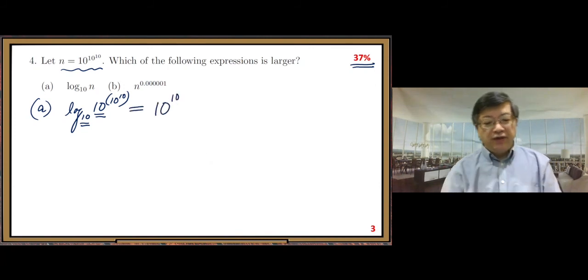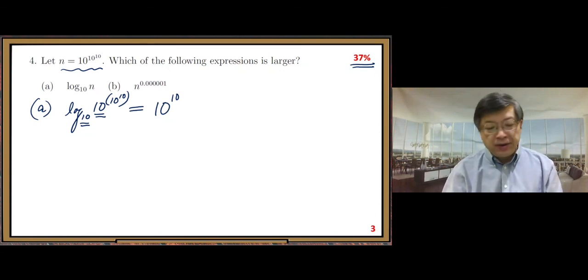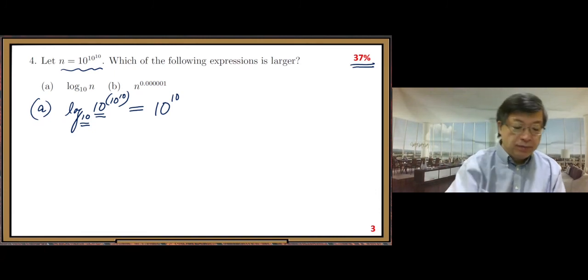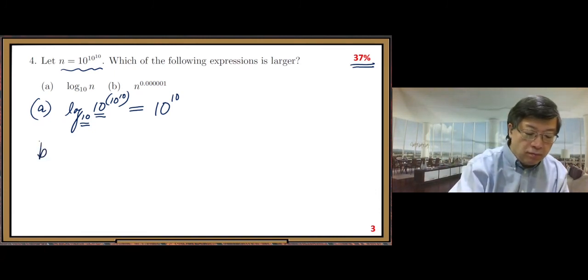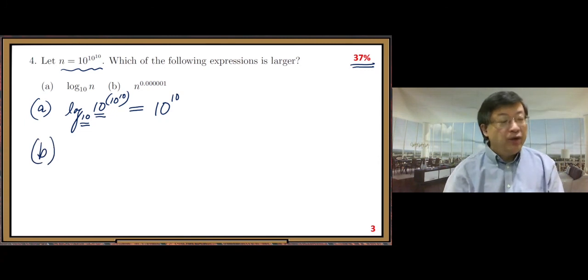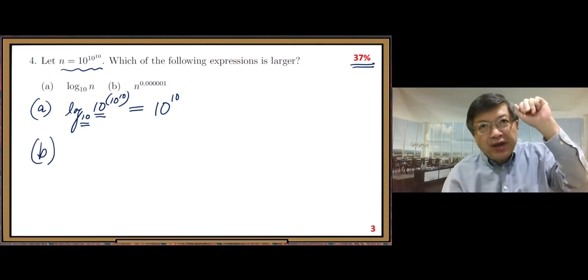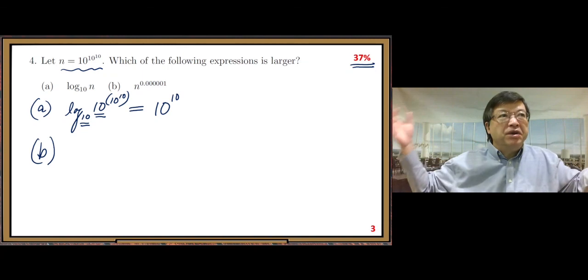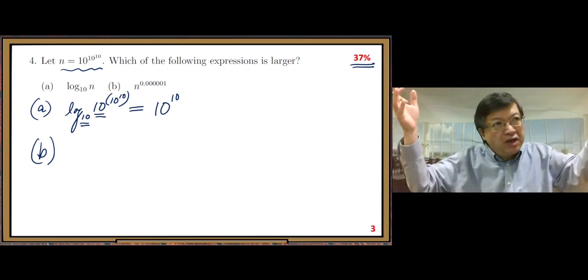This step, I feel most of you can get it, but the hard part is when we work on expression B, then many of you couldn't get the right expression.